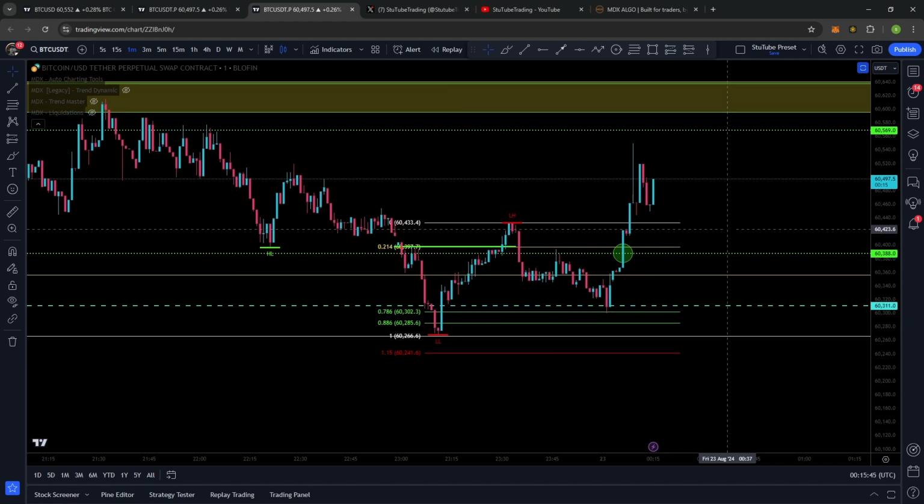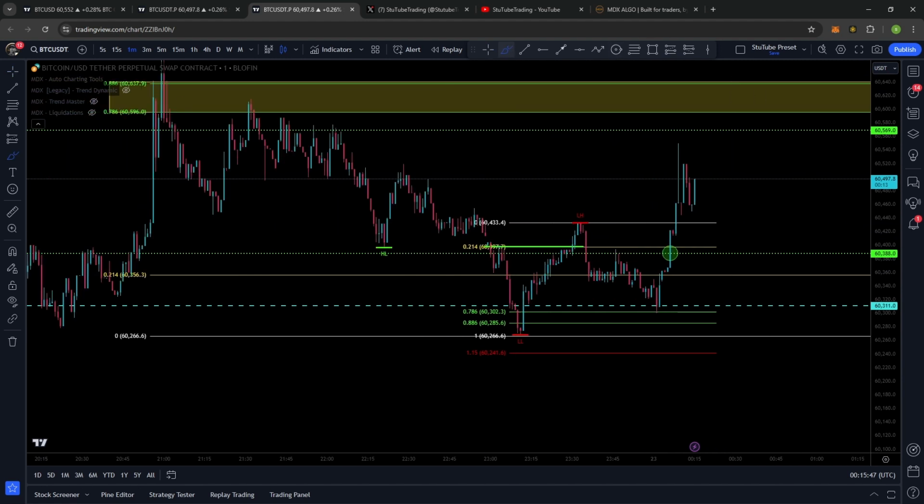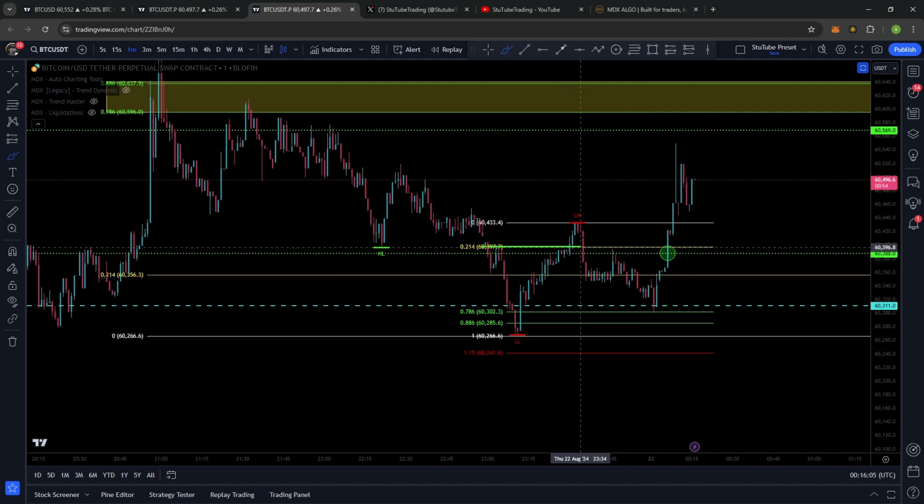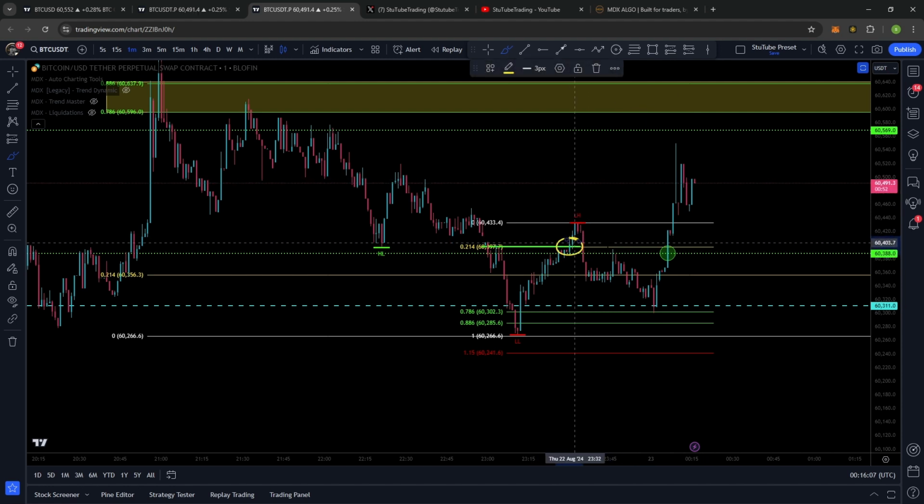Yes, when it breaks structure, that's basically when, so this was my signal, and yes, I could have waited till down here. I was in a little bit of a short at the very start of this stream, and I took a very small loss because I entered right around here somewhere, and I ended up closing my position just up here, because I cut my losses since we had this bullish break of structure.